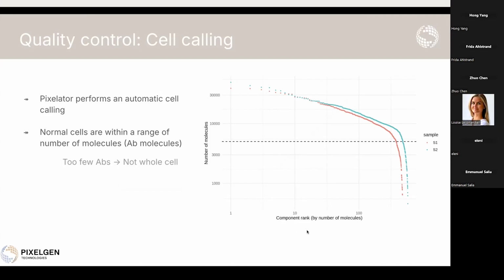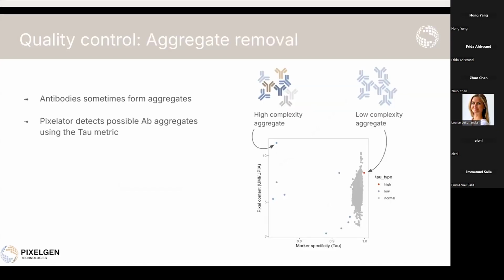Anything that is too small to be a putative cell will be filtered out. And the way we do that is by ranking all the different cells or components and looking for the knee of that curve where components start decreasing in size rapidly.